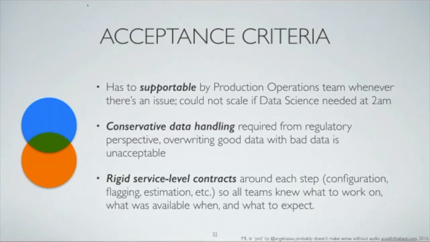The second piece is the data handling had to be very conservative. So in industry terms, when you have a regulatory body that's looking at the data that you are presenting as causal to some kind of activity, if you attribute to your activity, the corporation selling something, and you say you're responsible for something happening that it actually turns out you aren't, that's a false positive, but the industry looks at that as fraud.